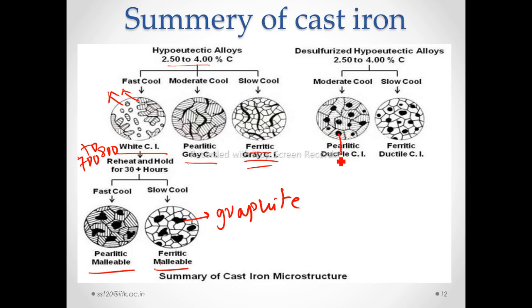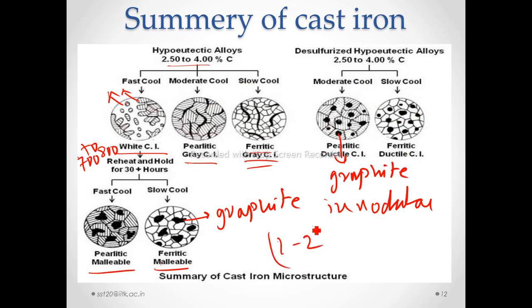But here the graphite is in nodular form, that is, a spherical form. Here if you do moderate cooling, we will get pearlite, and for slow cooling we will get a ferritic structure with nodular graphite. This is the summary of cast iron, and it will fetch a minimum of 1 to 2 questions in each branch.